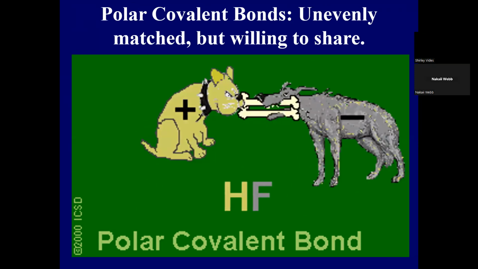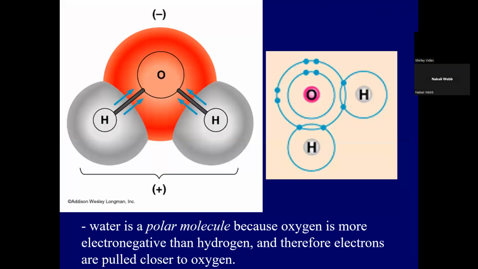That's the one that pulls the hardest. All right, so water is very polar because oxygen, like I said, is more electronegative than hydrogen. Therefore, you get a positive region with the hydrogens here, and a negative region right here.